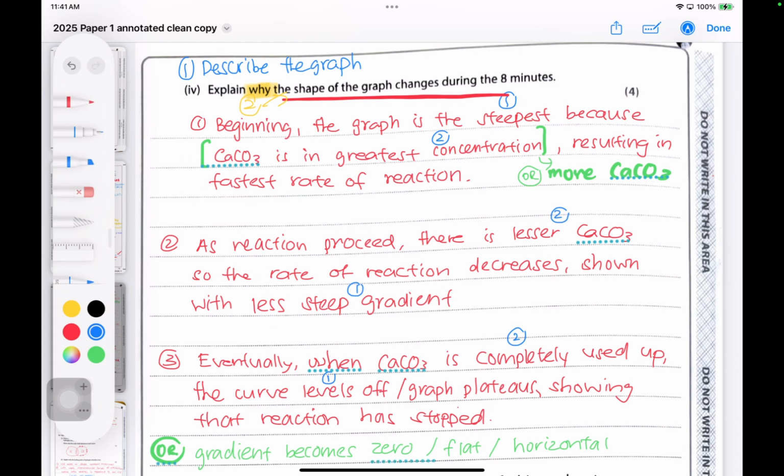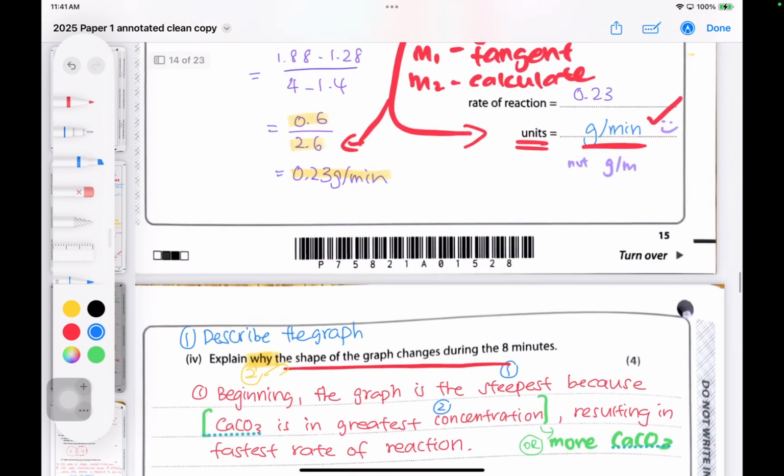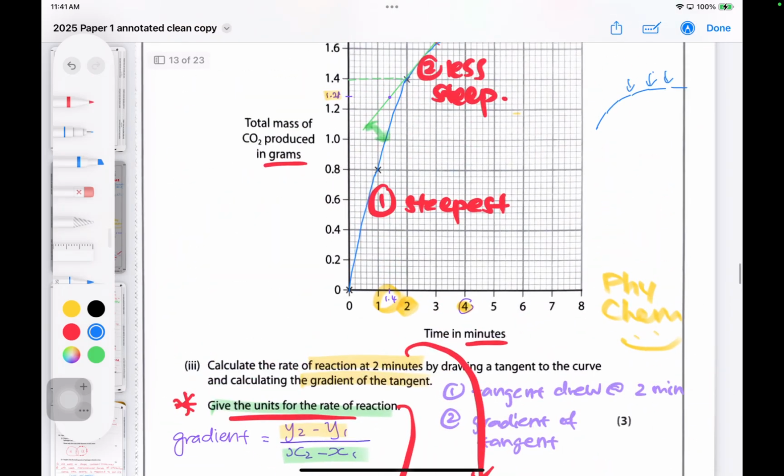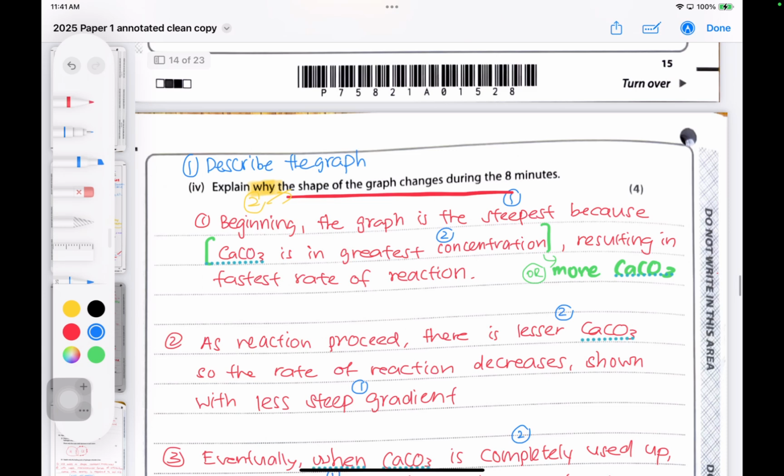So first, at the beginning you can see that the graph is the steepest. You need to mention that in the beginning the graph is the steepest, or you could say at the start. If you find the word beginning a bit hard, you could say at the start the graph is the steepest. And then you need to talk about why. The reason is because the reactant is at the maximum concentration at the beginning.